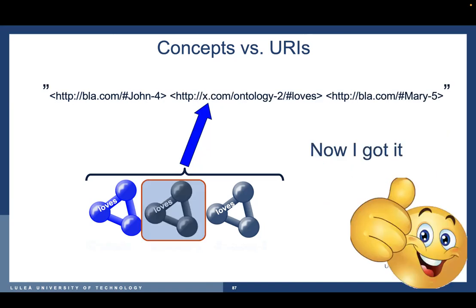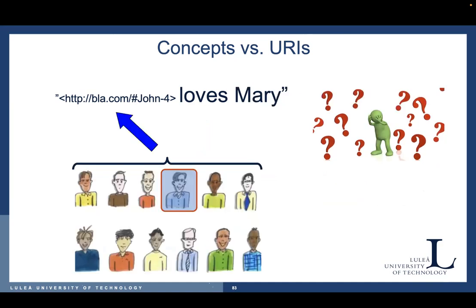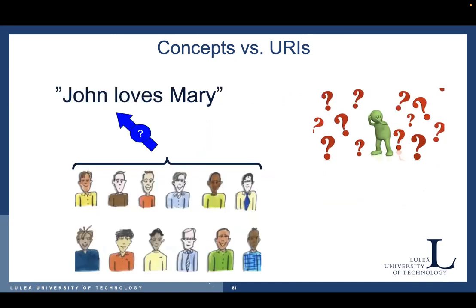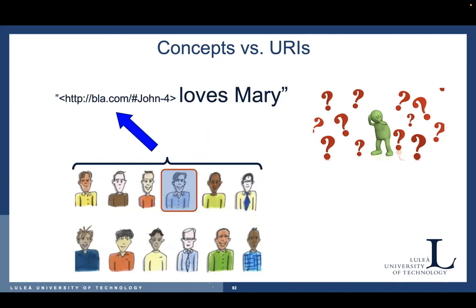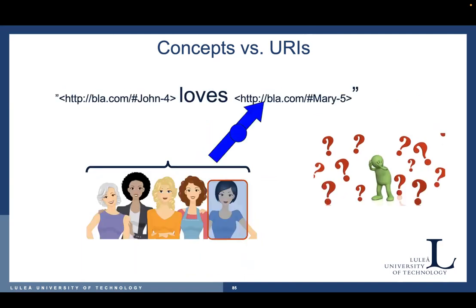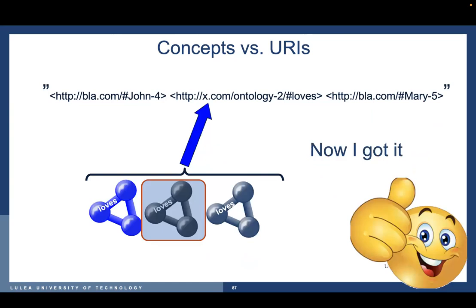To do that, we indicate that we use this ontology and this specific definition of love in this ontology. In this case we remove all the ambiguity of the initial statement, so we turn just information into a concrete description of meaning.